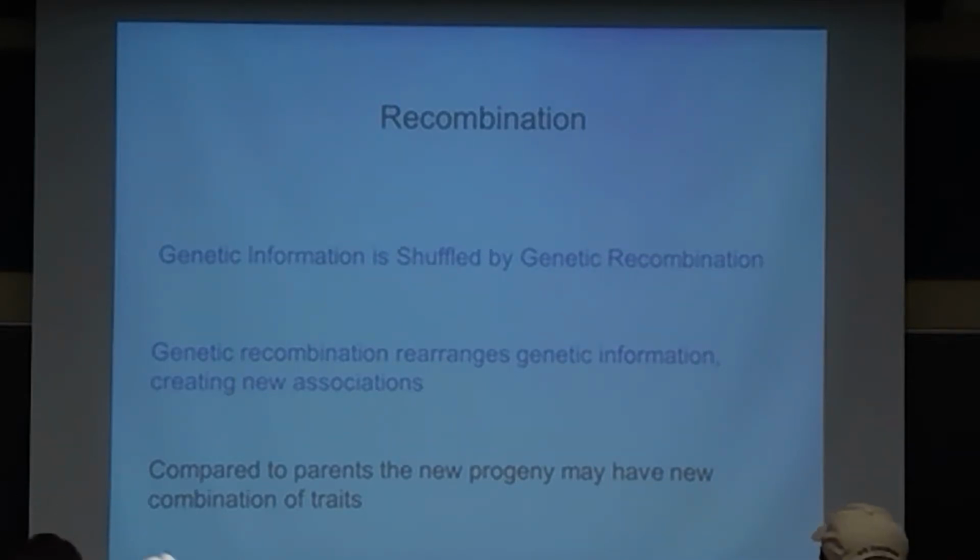So genetic recombination is nothing other than coupling the genetic traits, alleles, or the DNA. Genetic recombination rearranges genetic information. Sometimes recombination is used for repair.